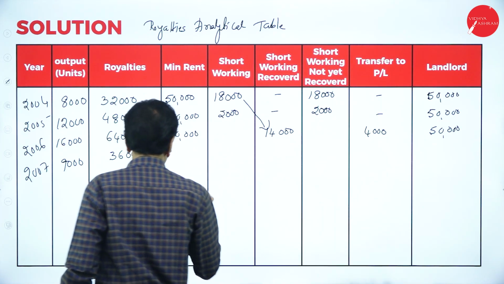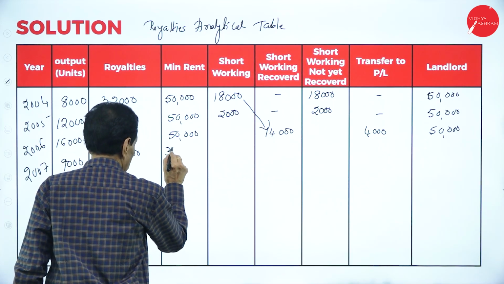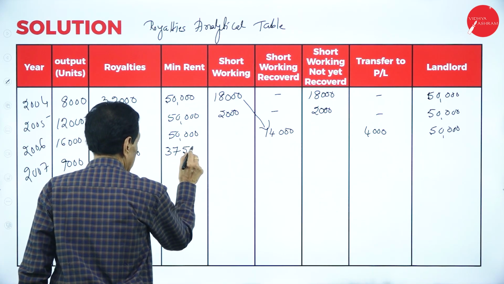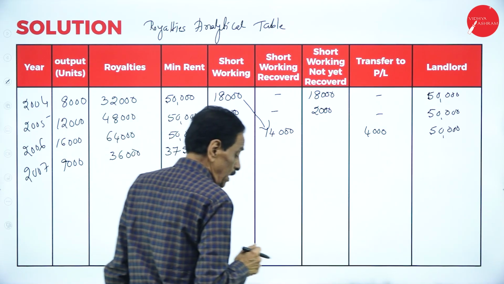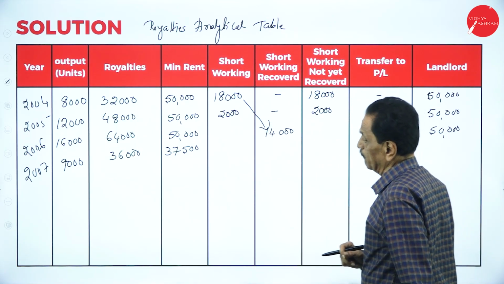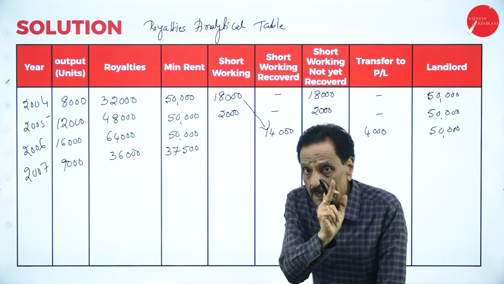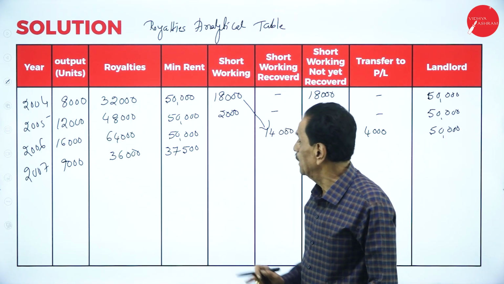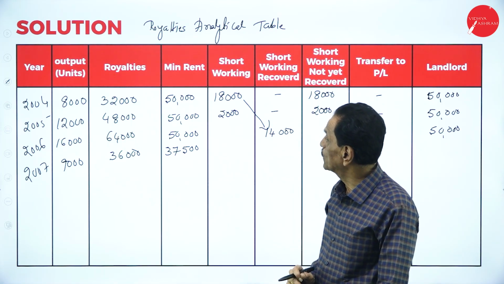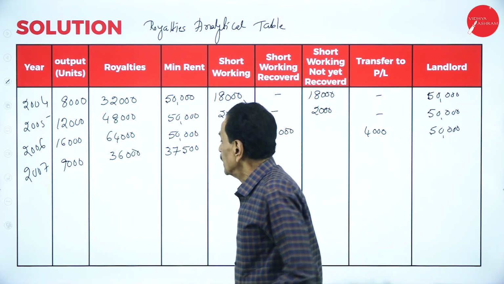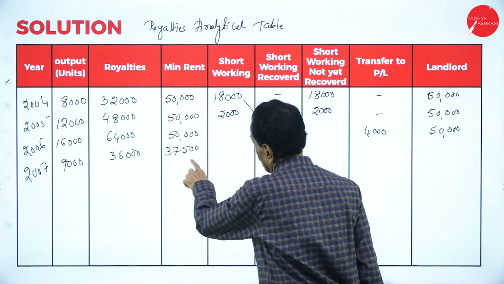For 9 months, minimum rent reduced proportionately. Your output is only for 9 months, 50,000 per annum. For 9 months, your minimum rent works out to 37,500. Your royalty is 36,000.